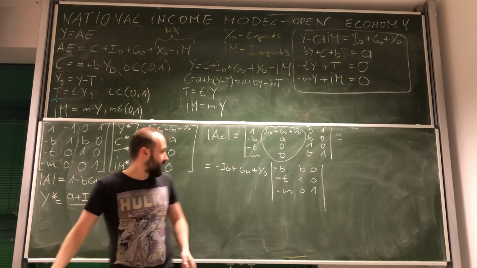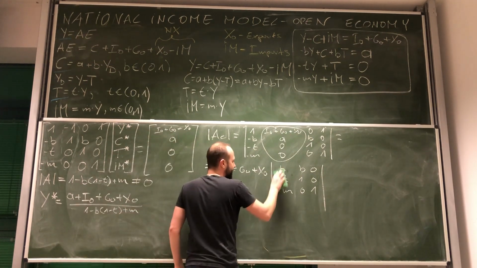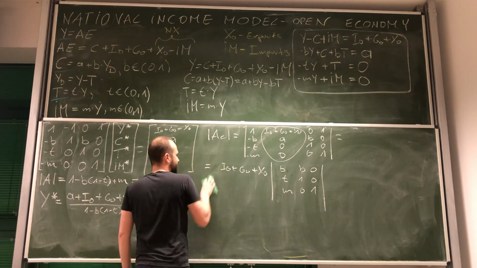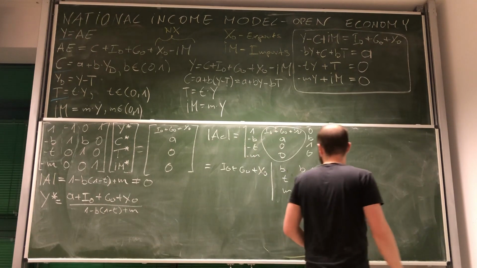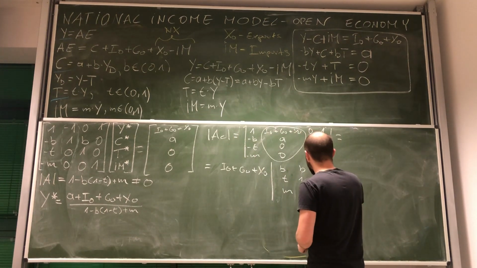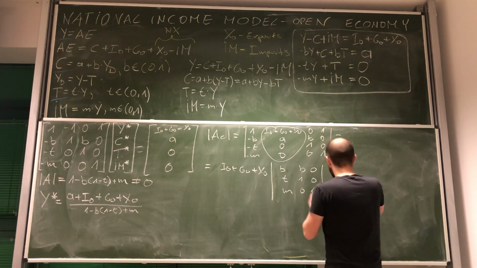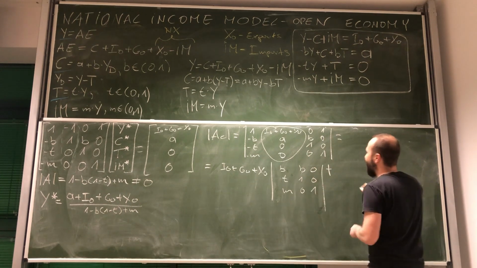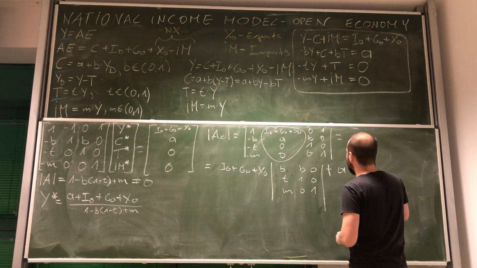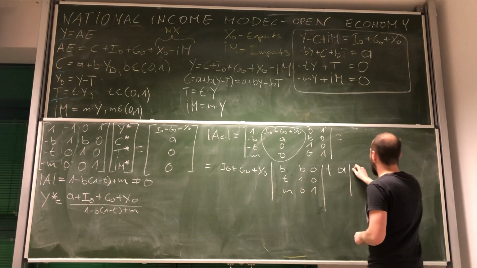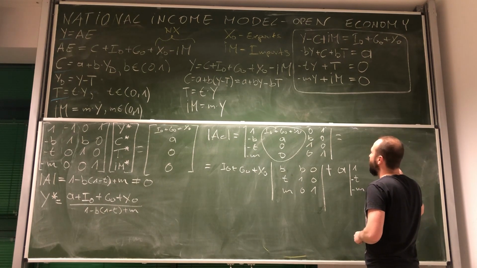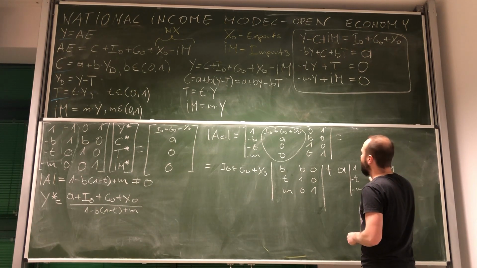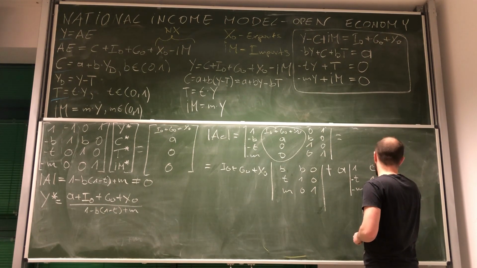Now again, I can get rid of these minuses, and I can also make the expansion at this level. Now we've got A, that was with minus, that is with plus, and we've got 1 minus T minus M, 0, 1, 1, 0, 0, 1.